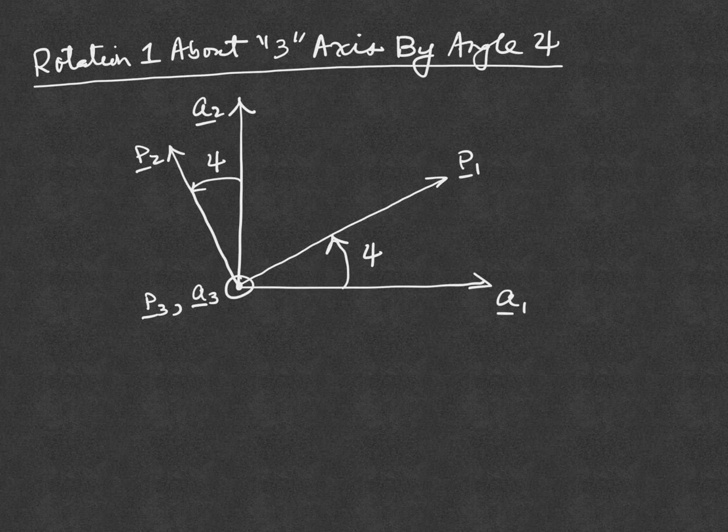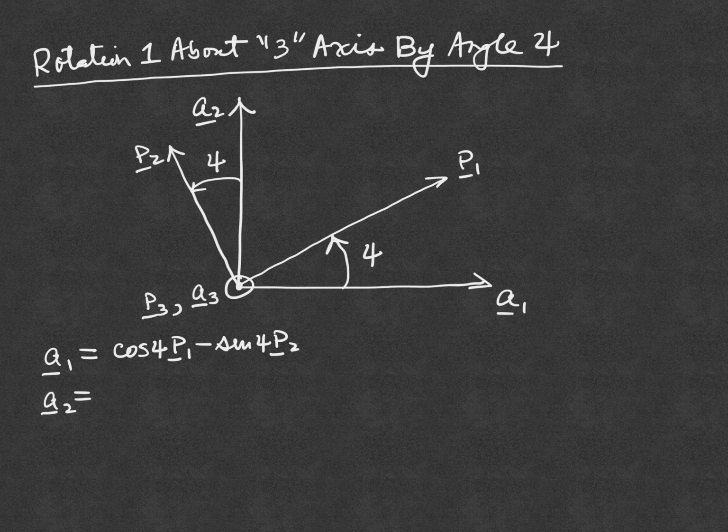Now using this diagram, I can write the basis vectors A1, A2, and A3 in terms of P1, P2, and P3. So A1 is going to equal cosine of psi times P1 minus the sine of psi times P2.